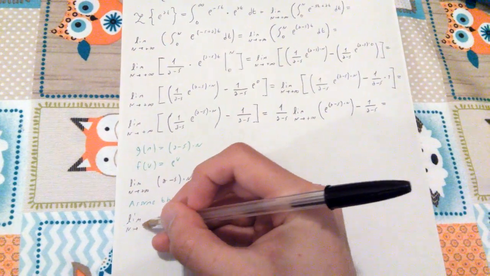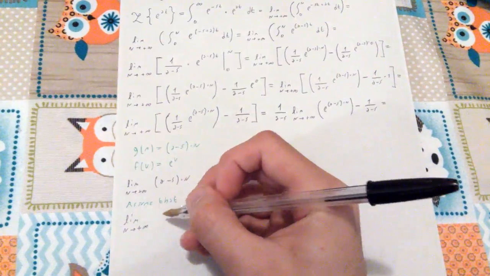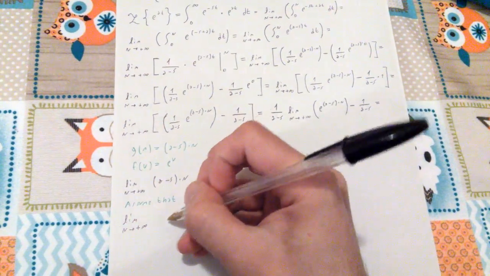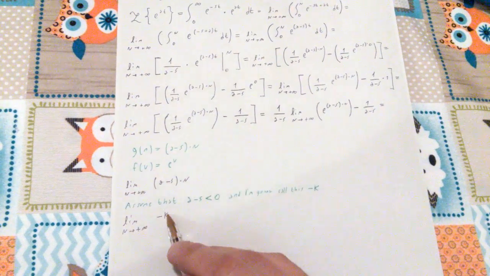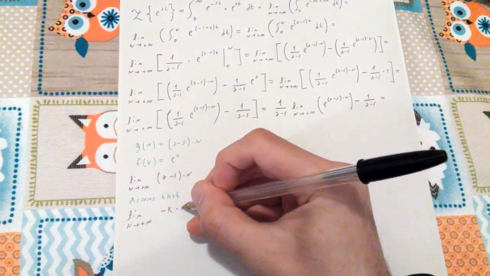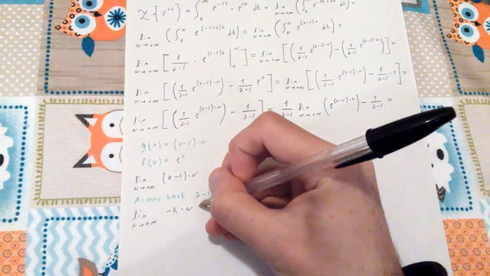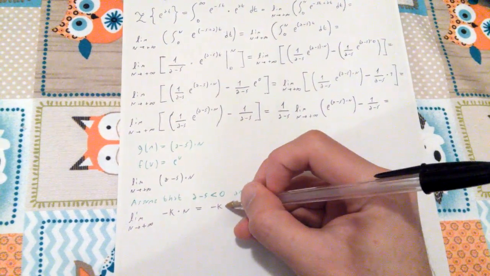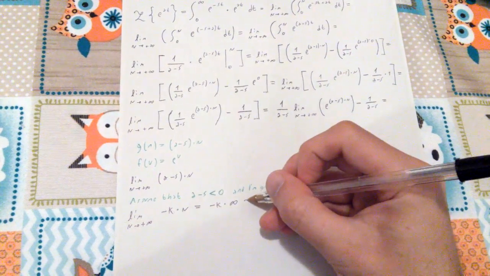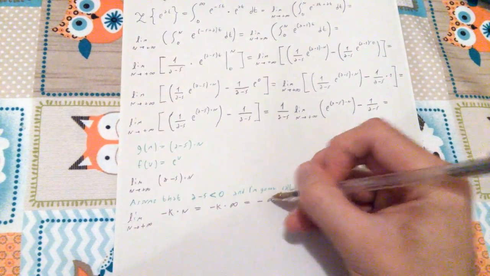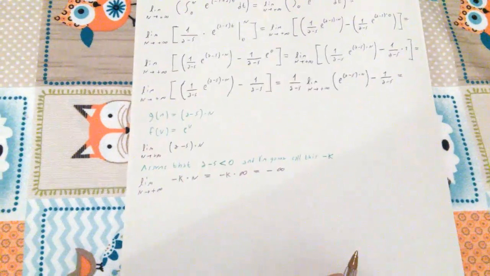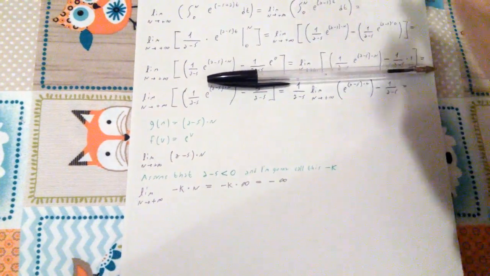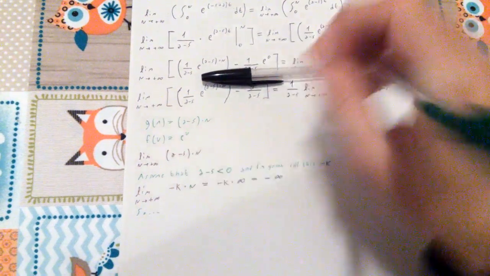I'm as happy as Larry, because now I'm gonna have the limit as n approaches positive infinity of negative k times n. Well, this will be negative k times infinity, so negative infinity, which is really, really fine.